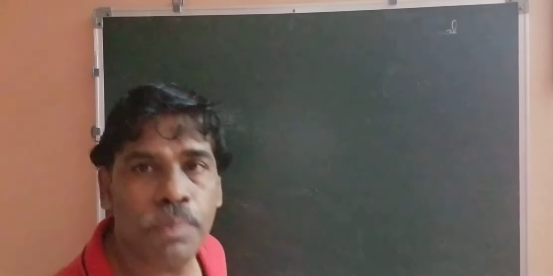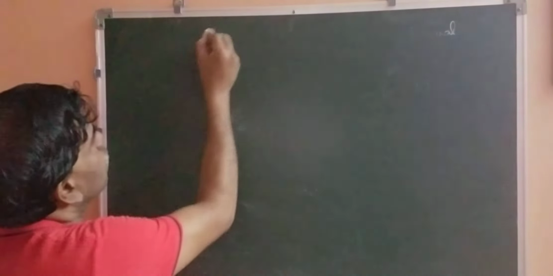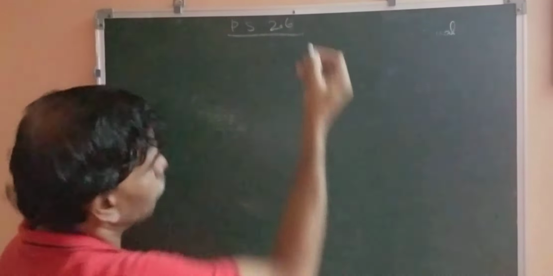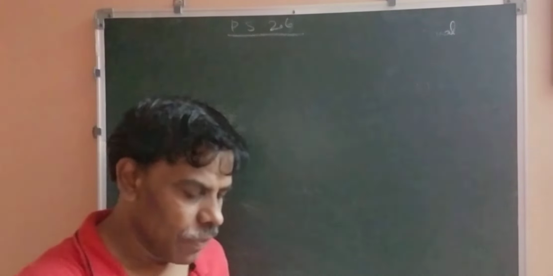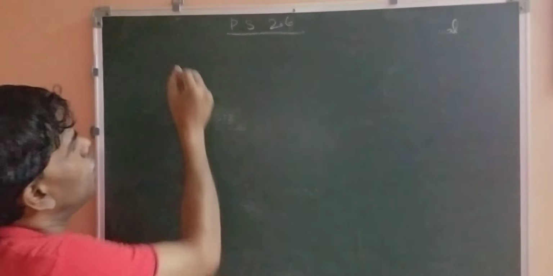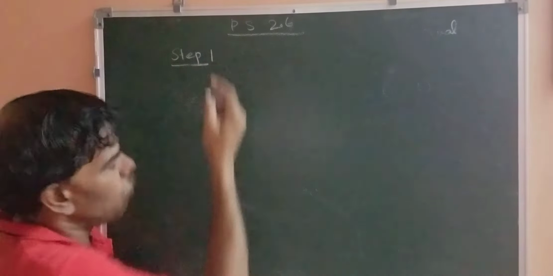Now, word problems are very important. This exercise, practice at 2.6. So, word problem means what? First of all, you have to do, I will tell you the steps. Step 1.